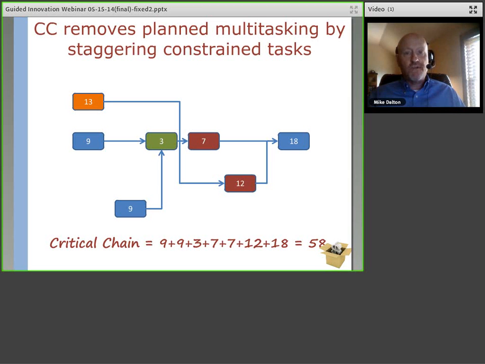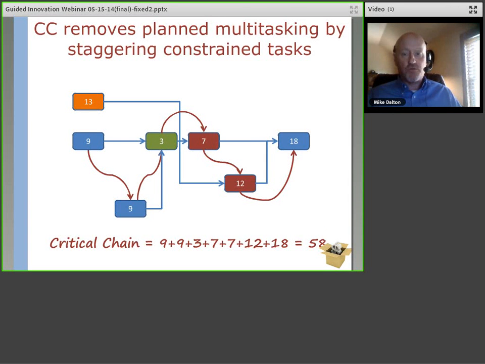So what critical chain does is remove the planned multitasking by staggering those constrained tasks, right? And that means that we take out the planned multitasking so that it doesn't become a negative surprise later on during the project.